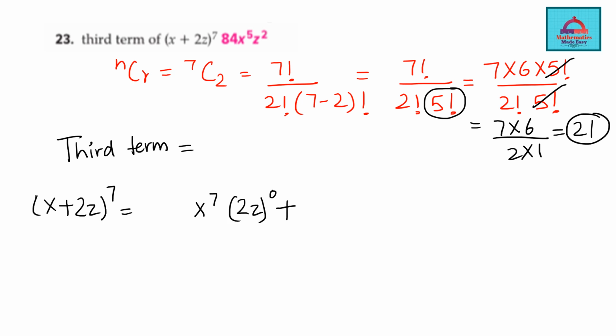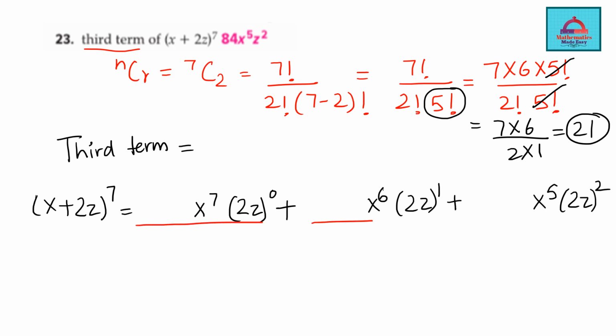Next value, you decrease the power of the first term by 1, so x to the power 6. Increase the power of the second term, so it becomes 1. And the next term is going to be x to the power 5, (2z) to the power 2. Now I'm not writing more terms. The reason is because in the question only the third term is asked. So this is the first term, second term, and third term.